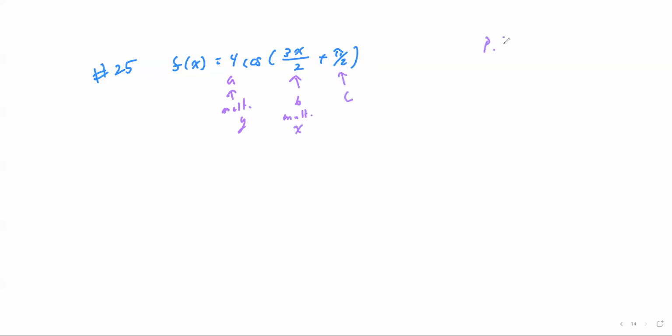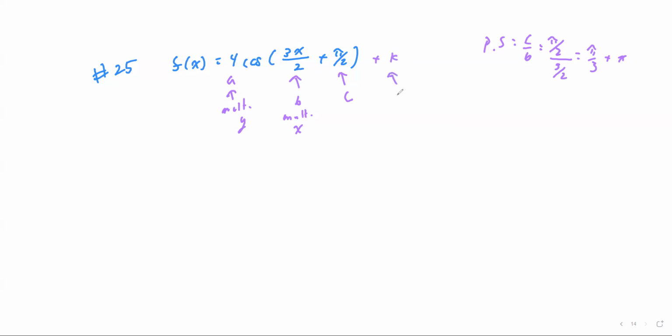So my phase shift would be c divided by b, which in this case is pi halves divided by 3 halves. If you keep, change, flip that, that is pi thirds. So the 2's will cancel. And so this is what I'll add to my x. And then I don't have a k.